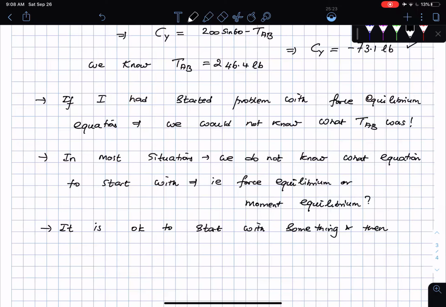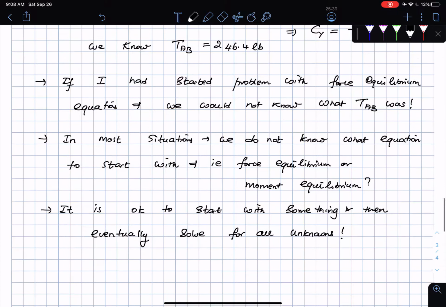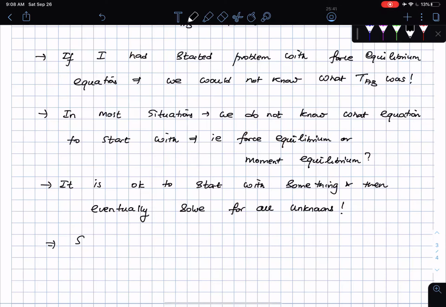Sometimes, this means that you may end up having to solve a system of equations.